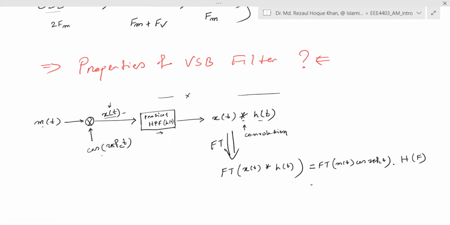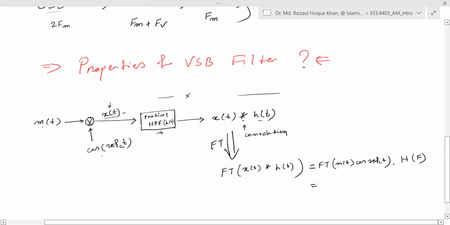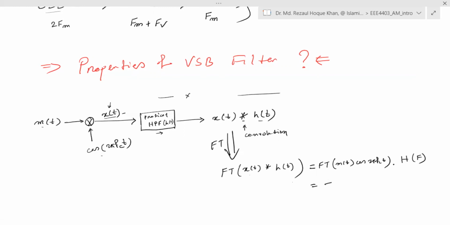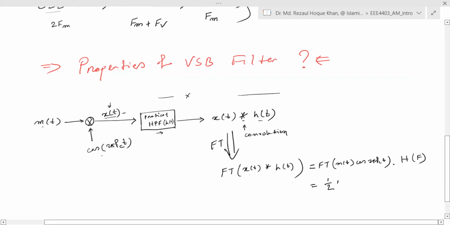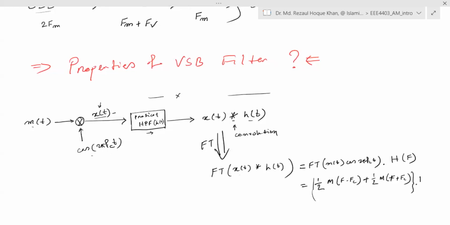We know the Fourier transform of m(t) is half of M(f minus fc) plus half of M(f plus fc), which we solved earlier, so I'm not repeating this solution, and this will be multiplied by H(f).